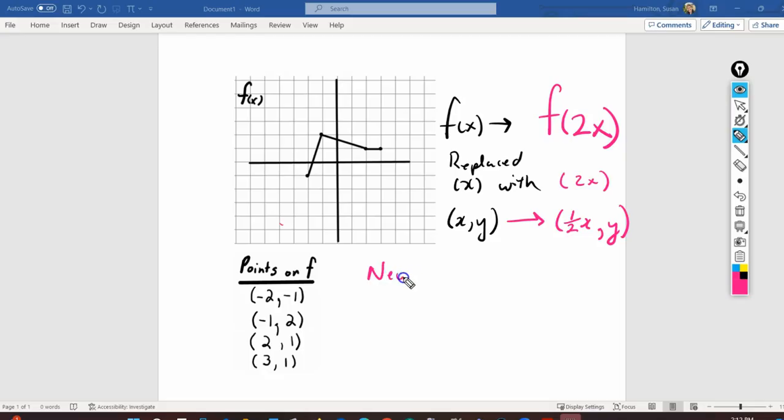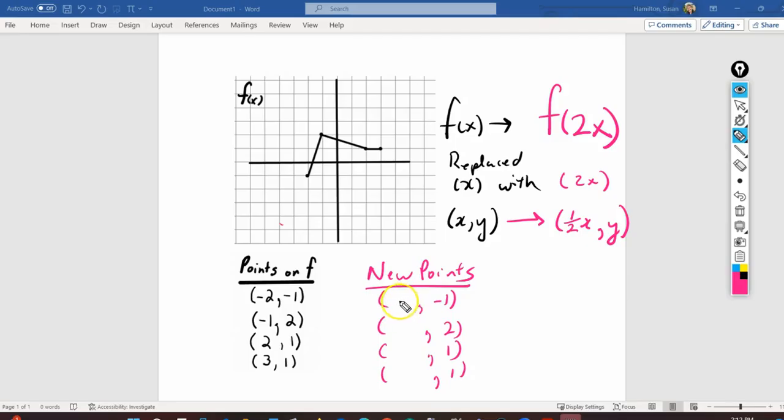So I am going to need to put my new points. I'm going to keep the same y coordinate, so all of them will have the same y coordinate. Now I'll have a different x coordinate.